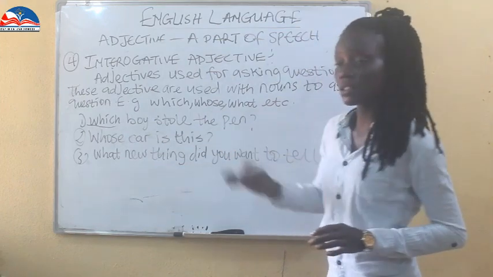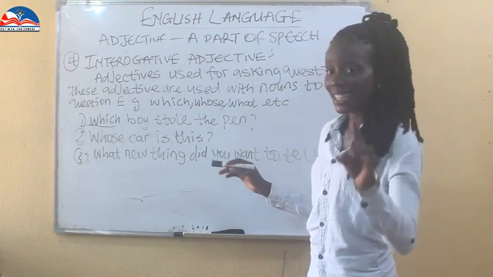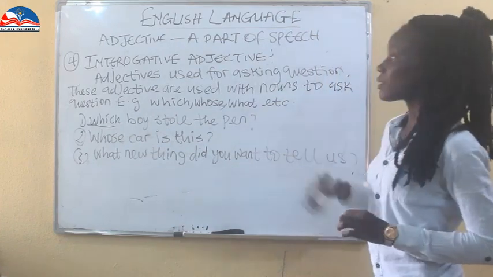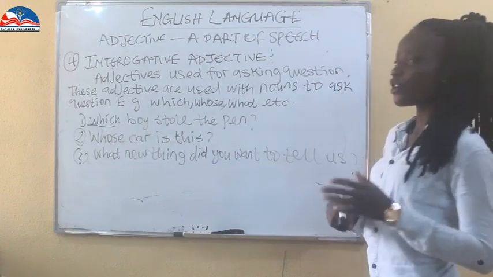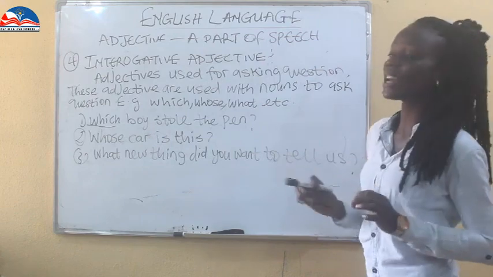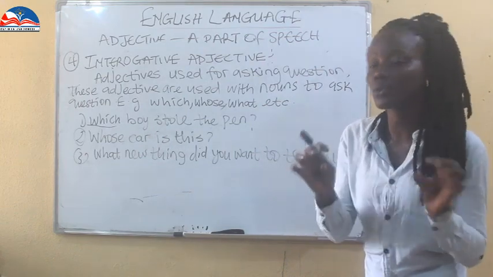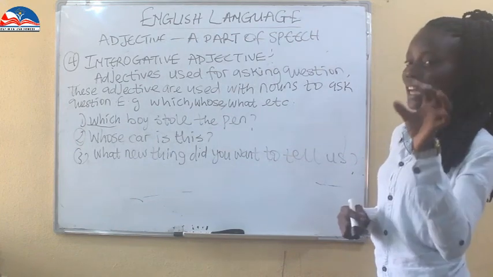The next example: whose car is this? It is a question, remember? So that's why we call it interrogative adjective. And for us to have an interrogative adjective, we have a noun. So interrogative adjectives are used with a noun to ask questions. Whose car?